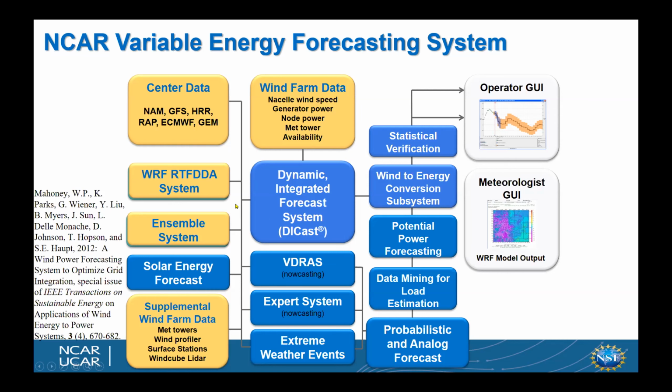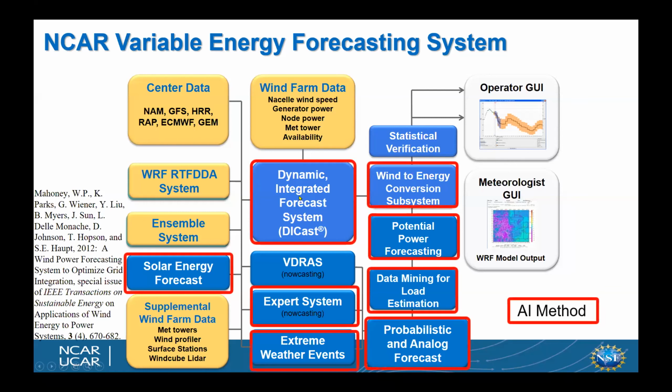Now, you'll see that, again, we use a lot of data from wind farms, from the national centers. We run an internal WRF system when we're doing it ourselves. But when you look at our system, many of the pieces of it, the ones outlined in red, are AI methods, with the centerpiece being DICAST, Dynamic Integrated Forecast System, that I just talked about. But then we also use lots of other things.